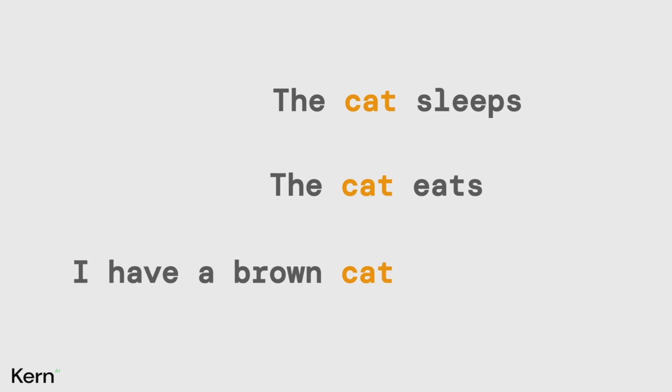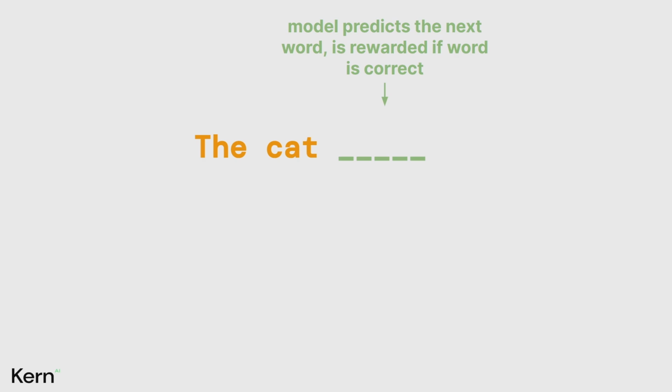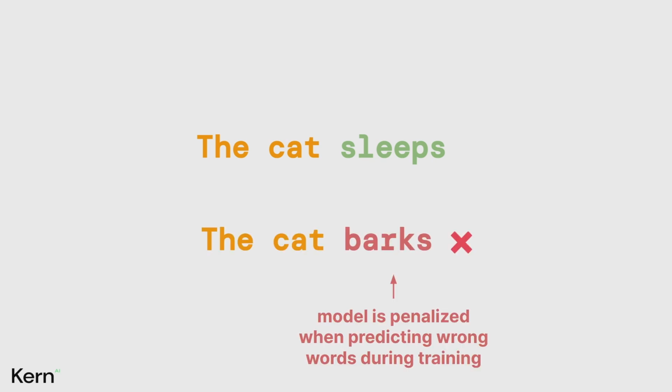And the model saw lots of sentences that describe what cats are and what they do. The model is then able to determine the statistical probability of word combinations. Our model knows that the word cat and sleeps go well together, but cat and barks do not.